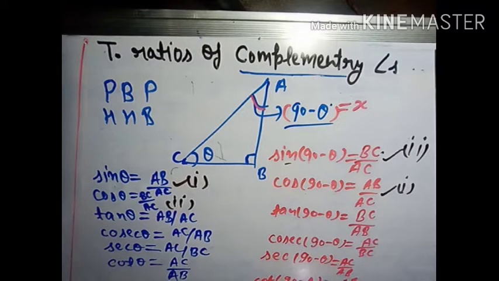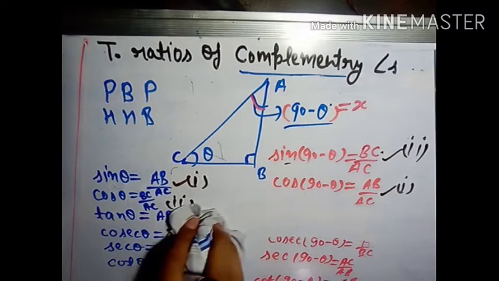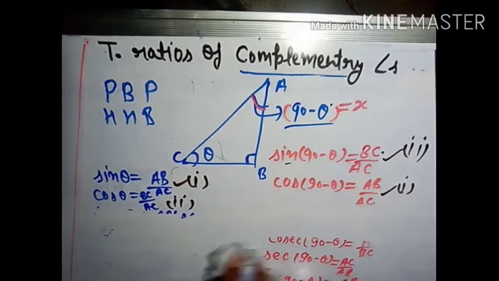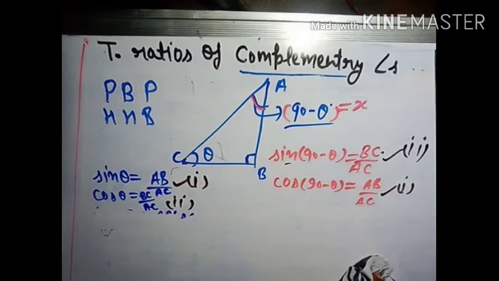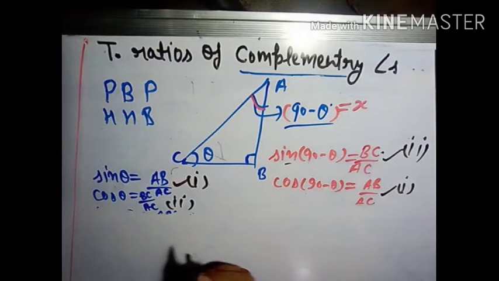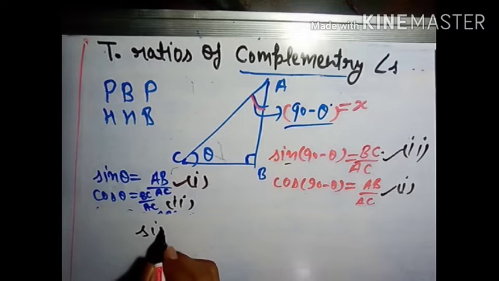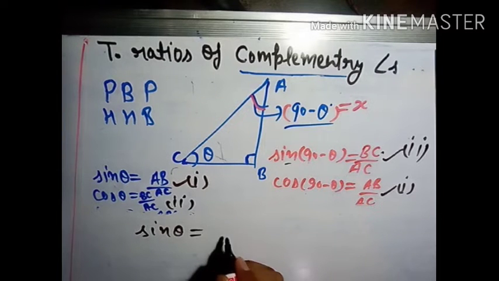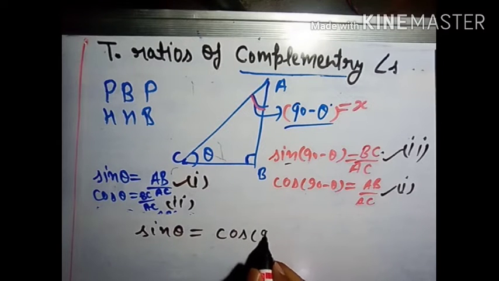So I'm erasing all the other values to free up space, and I am writing sin theta is equal to, matching with this value, cos 90 minus theta. Understand?